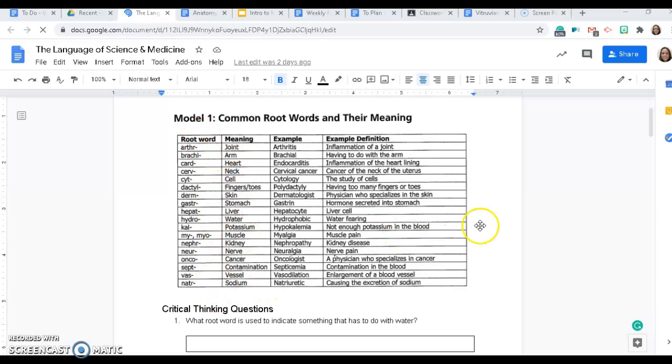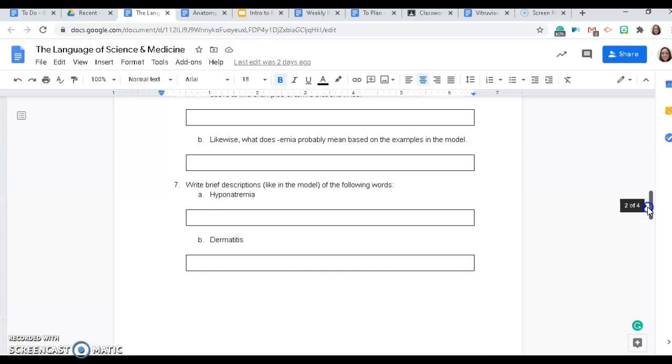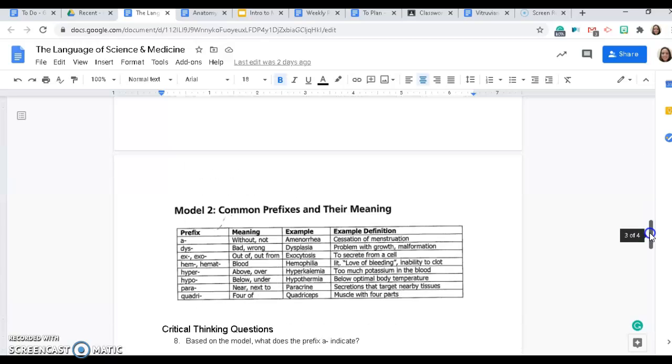The purpose of this is just to get you exposed to some of these words so that when we do talk about these different things later on in the year, you have an idea of what they mean. So you have to read through the charts. There are two of them. One is slightly further down, the other one is all about prefixes here.